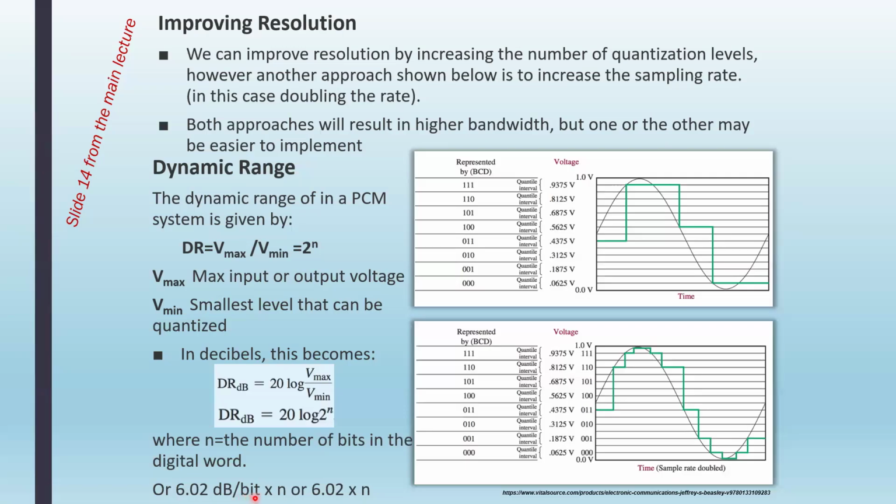Decibels per bit, okay. Times the n, or 6.02, or 6 times the number of bits. That's going to give us the dynamic range.